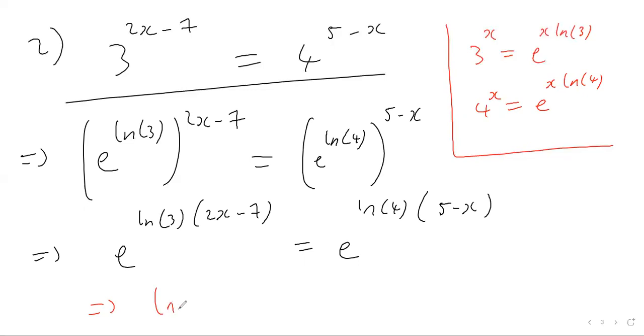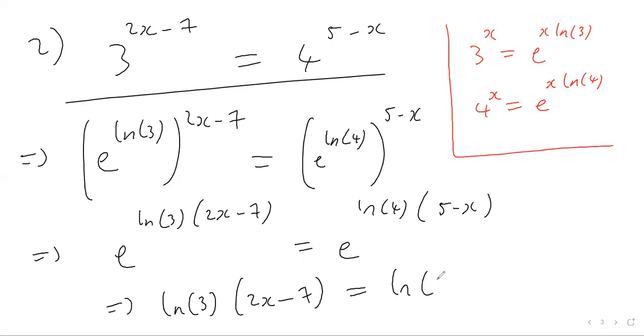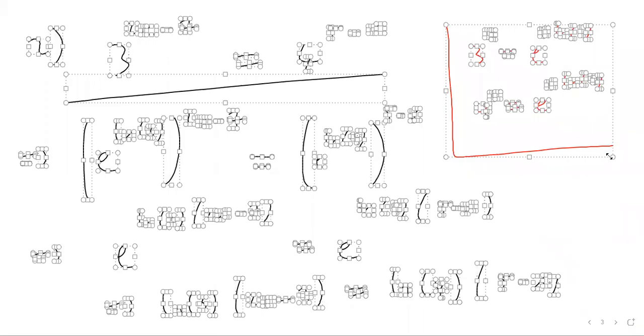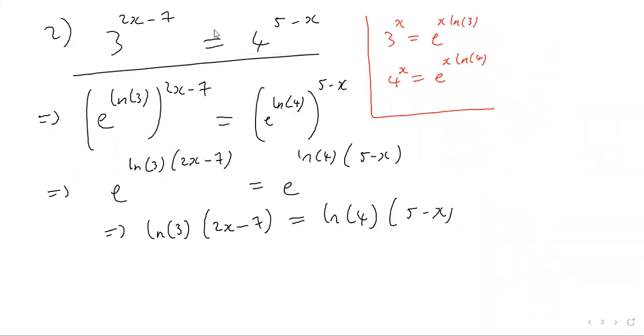So therefore, that means that ln of 3 times 2x minus 7 is equal to ln of 4 times 5 minus x. So it's really just a case of solving this equation and seeing what you get. We can expand the brackets here.